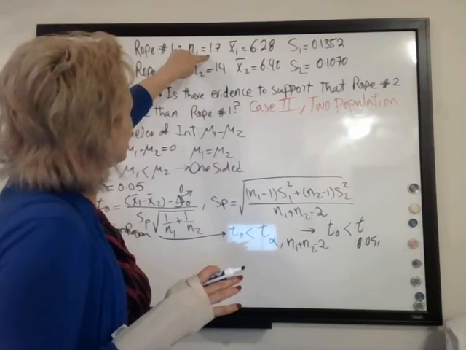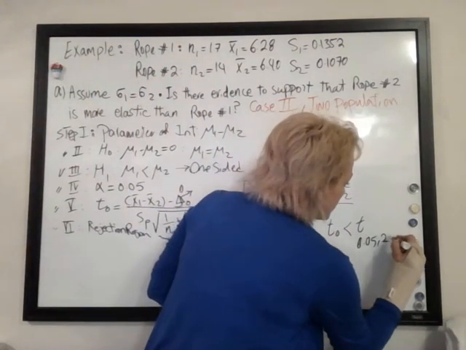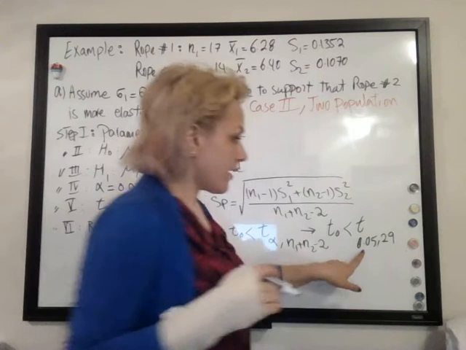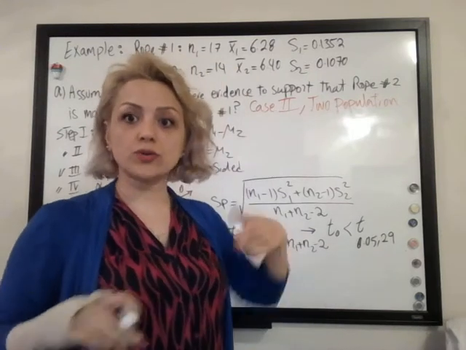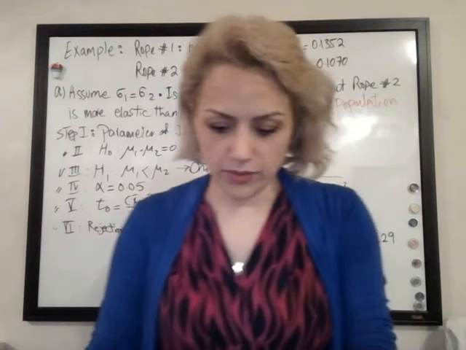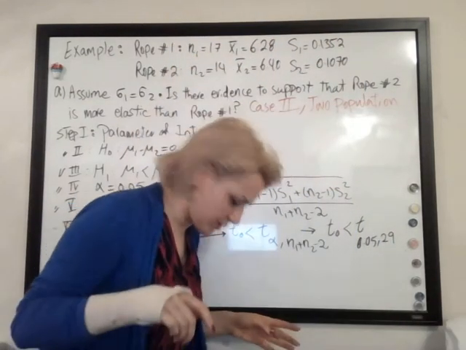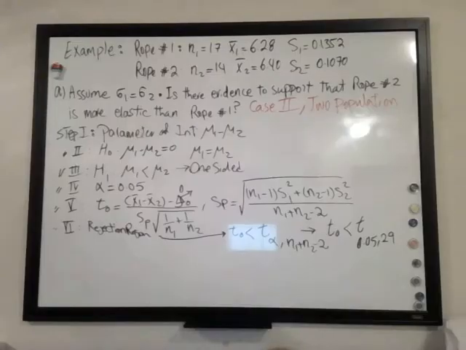So at 29 degrees of freedom. For finding this value, we can go to the t table and find it. I can show you, or let's leave it for the conclusion. Let me just get the marker.